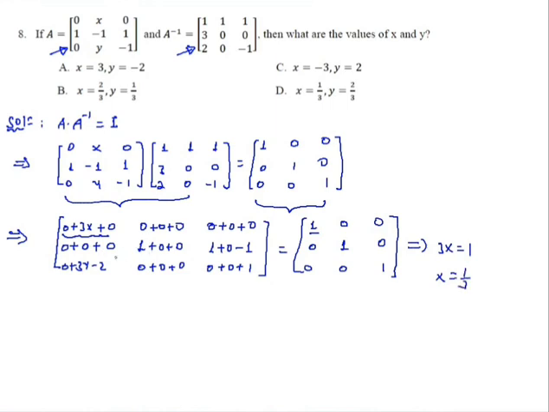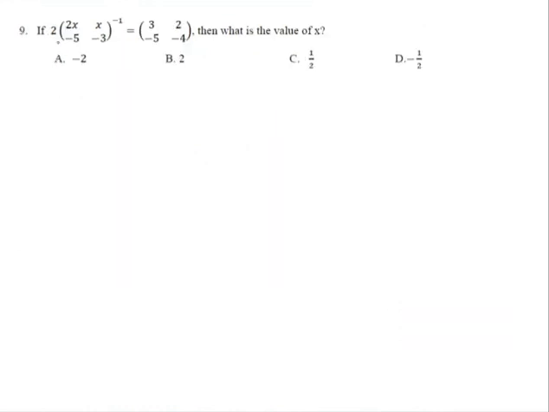And the other thing here, the third row, 3y minus 2 must be the same as 0. 3y minus 2 must be the same as 0, 3y is equal to 2, so y becomes 2 over 3. So x is 1 over 3, y is 2 over 3, therefore our answer will be D.